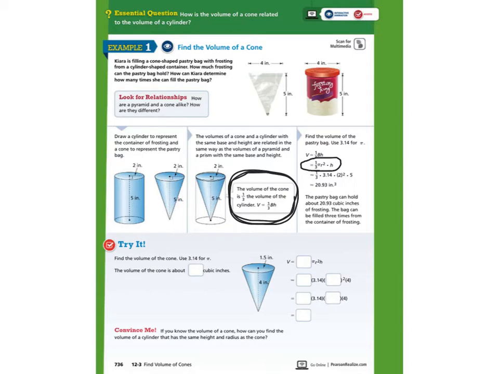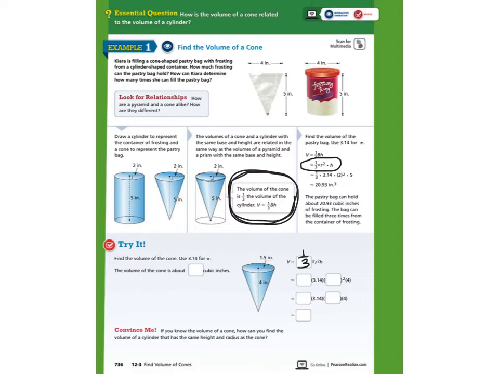Now let's take a look at the try it question. Find the volume of the cone. Use 3.14 for pi. So you'll notice here that they start out with a formula and they've got some empty boxes for us. So the first thing that we need to do is find the radius and the height of that cone.